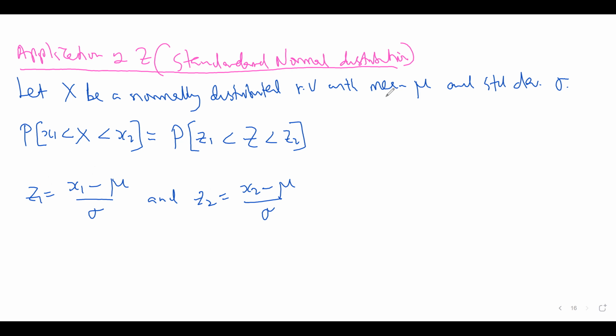Already we are given mu and sigma. This will always be given.